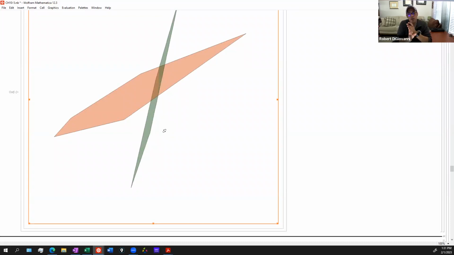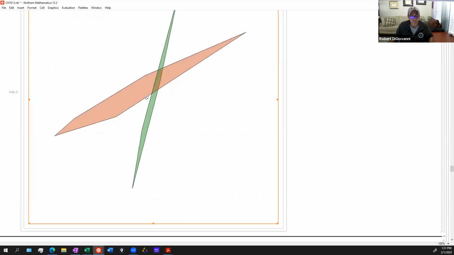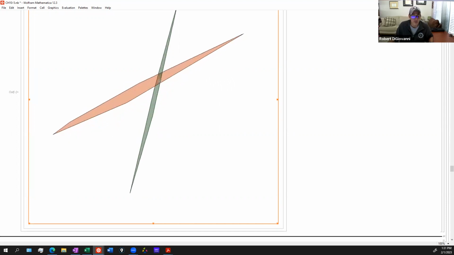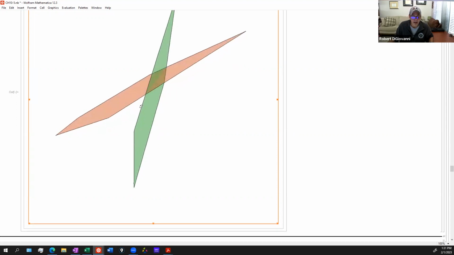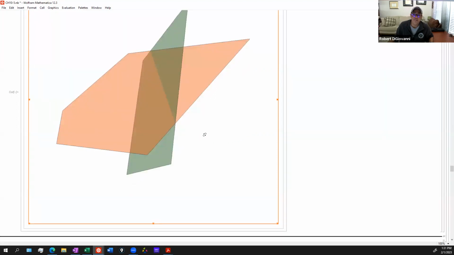If they're parallel to each other, the angle would be 0. But if they're not parallel, then there should be some angle between them, and we'd like to get that, right? Does anybody have an idea of how we might be able to do that? Raise your hand or say it in the chat.